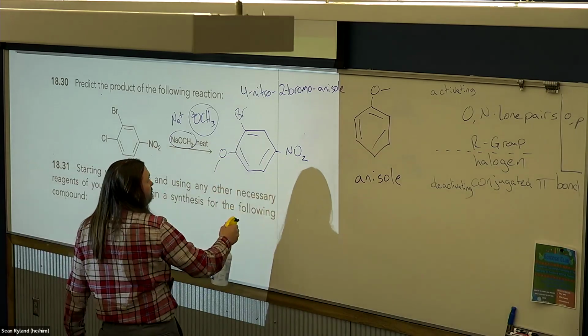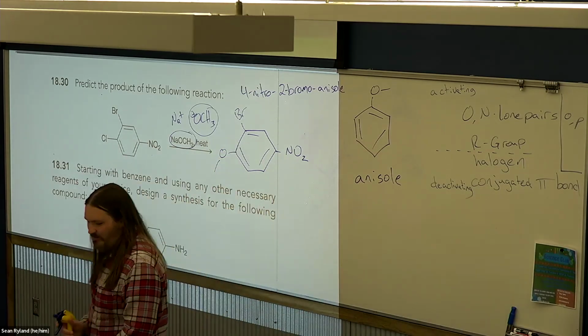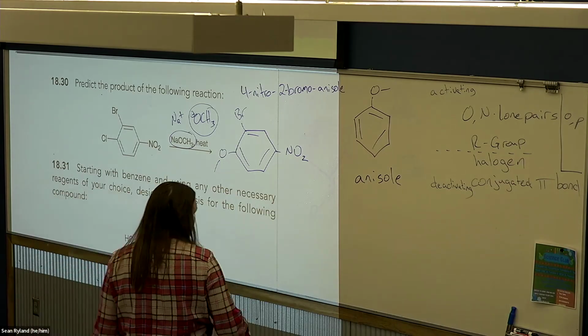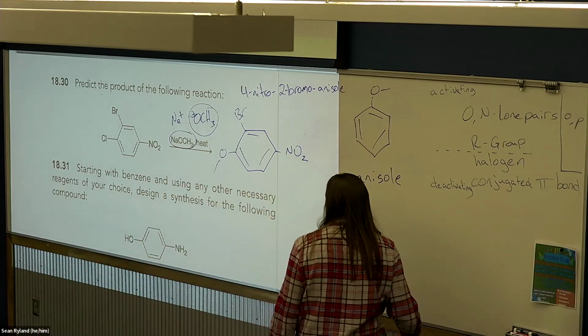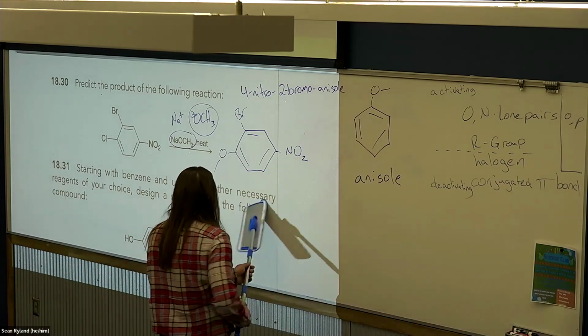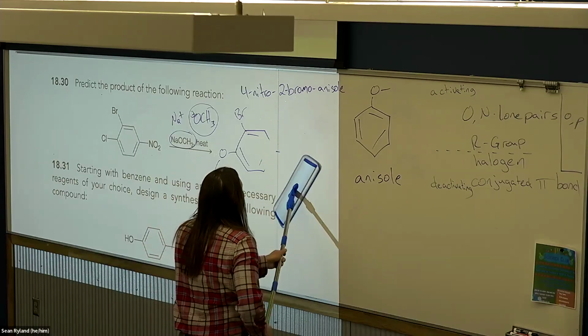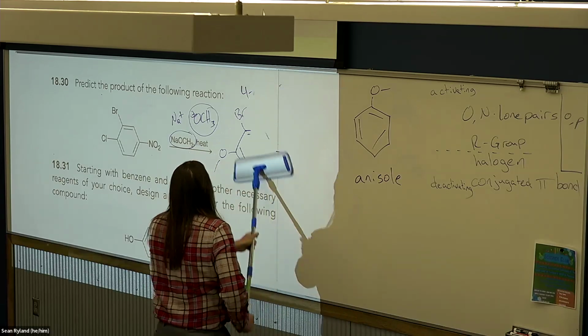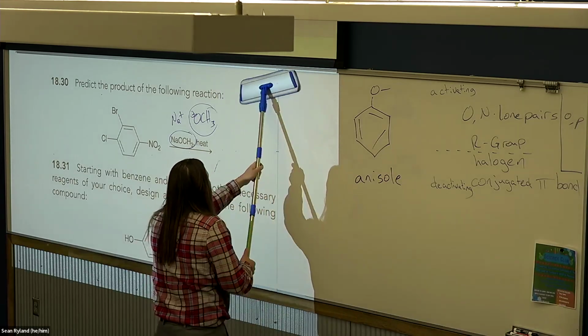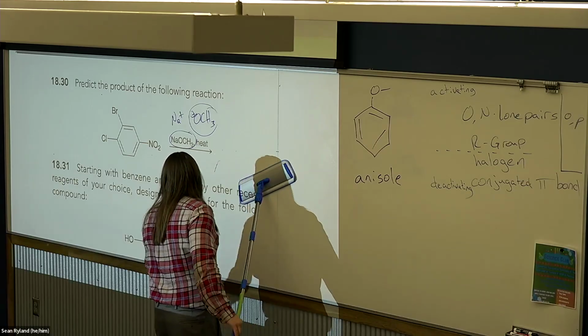So we start with regular benzene. And we think about whether we have any electrophilic aromatic substitutions that involve an NH2 group.